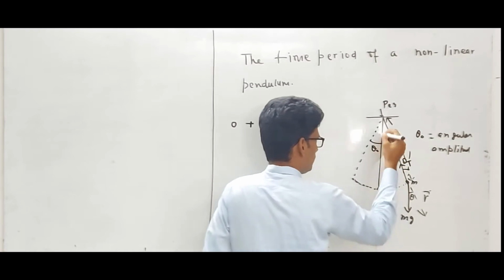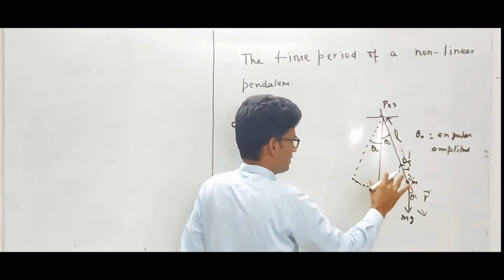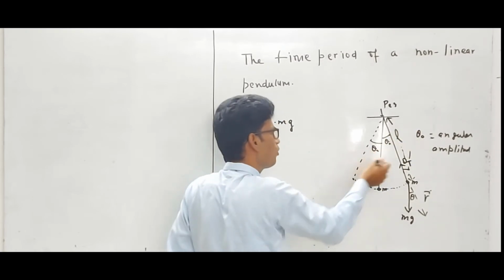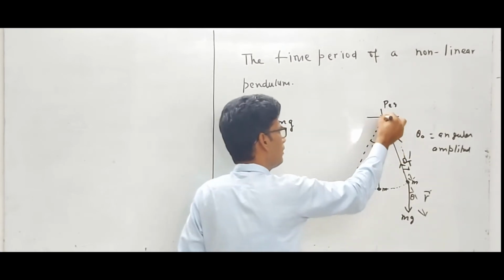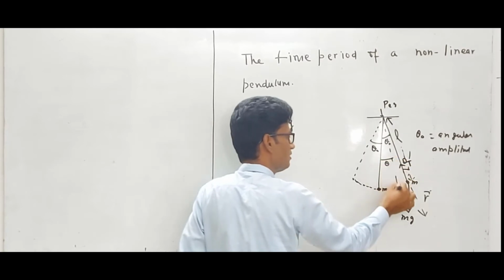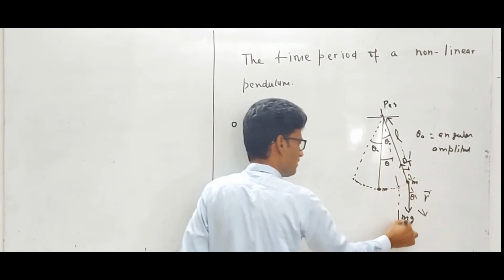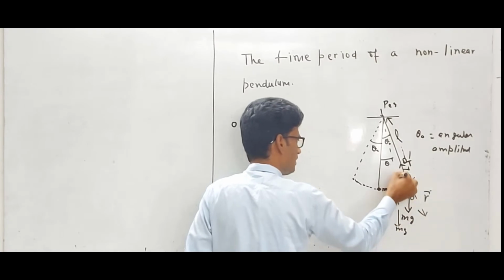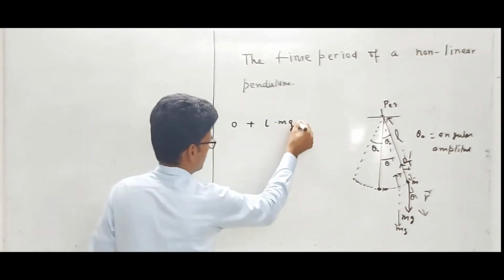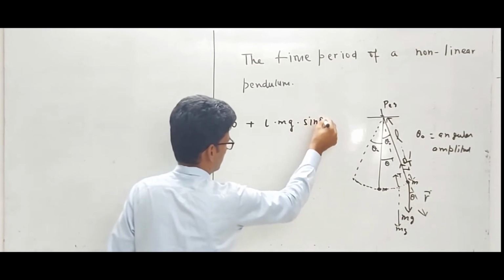Okay. And now we have taken a theta. So theta means just in the course of motion. So somehow let us say here, we imagine like here. So this is theta. So draw the forces here as well. This is mg and this is the tension T. So this is the sine of the angle theta.